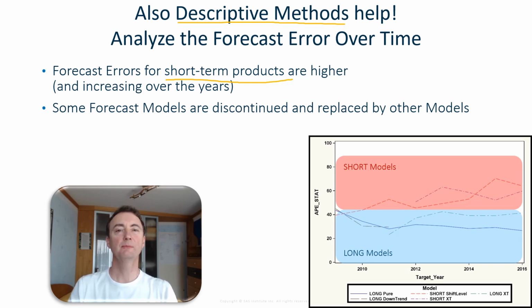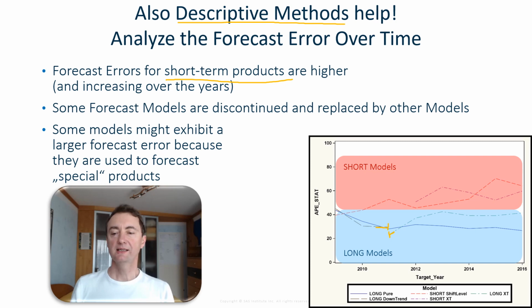So the more time history we have, the more data history, the better we can model, and the lower our forecast errors are. We also see that over the years 2010, 2011, some models got discontinued and other models started to do the forecasting for certain products.